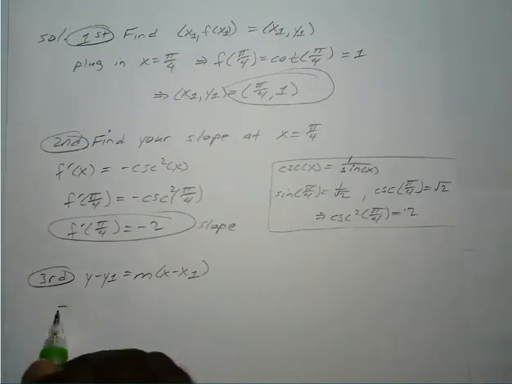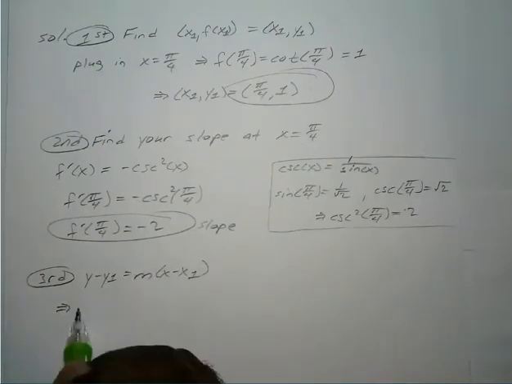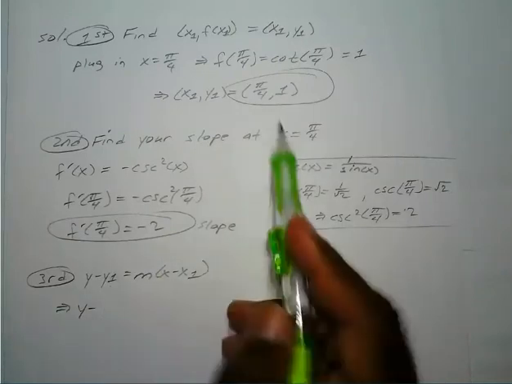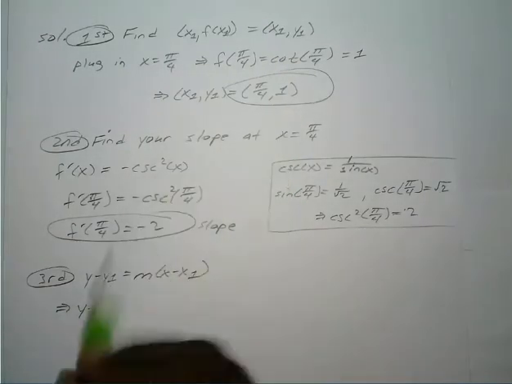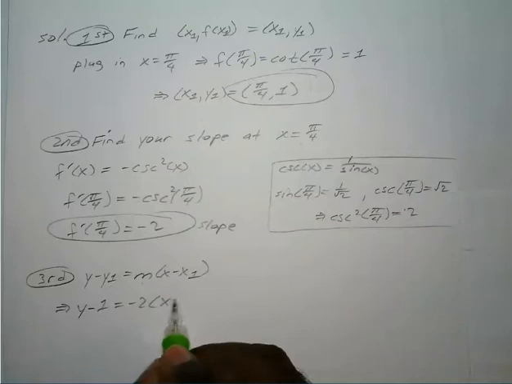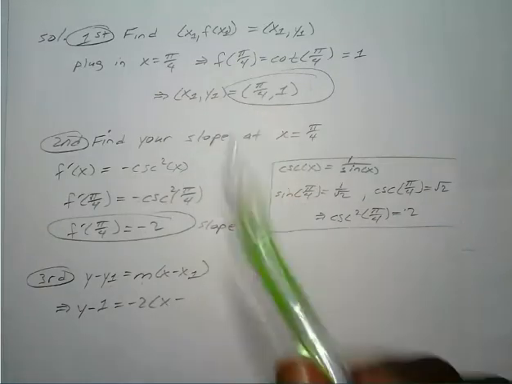Plugging everything in, remember your y1 is 1, so y minus 1 equals your slope, which is negative 2, times x minus x1, which is pi over 4.